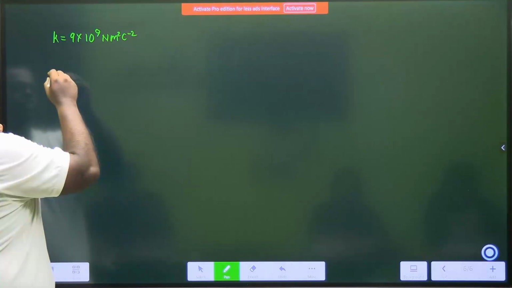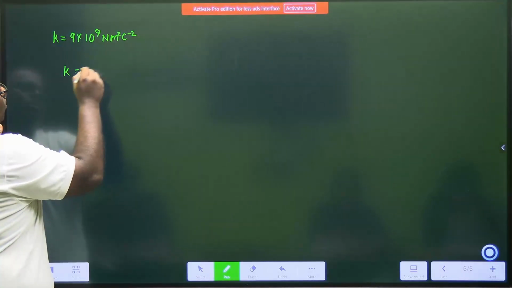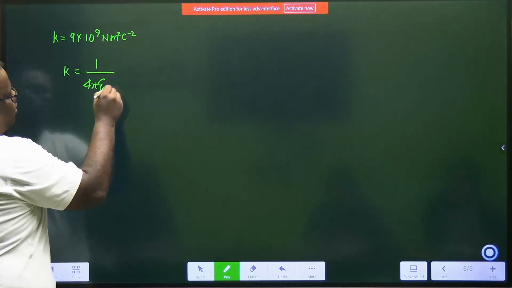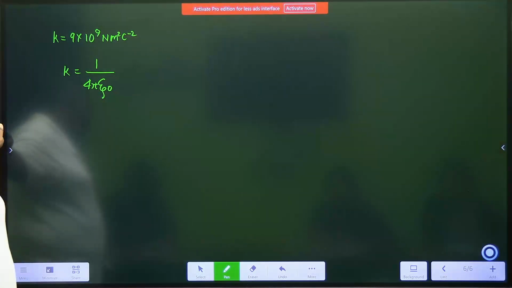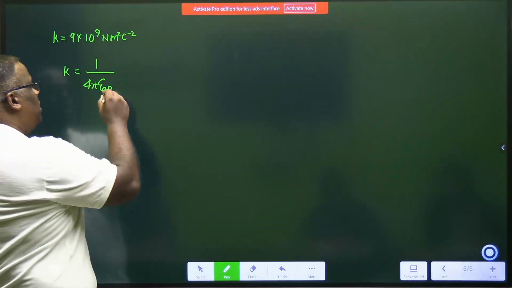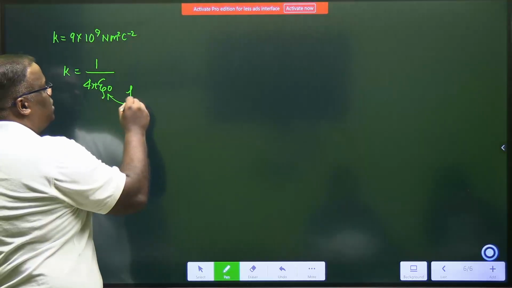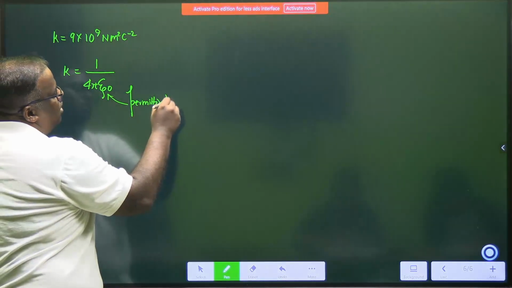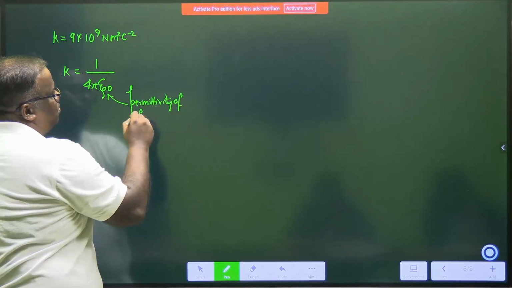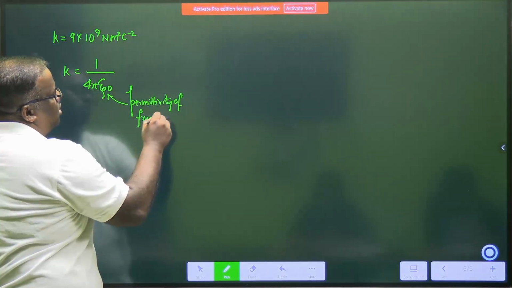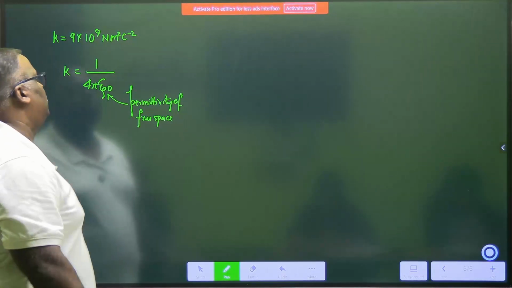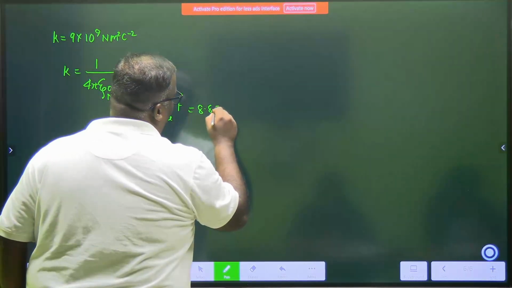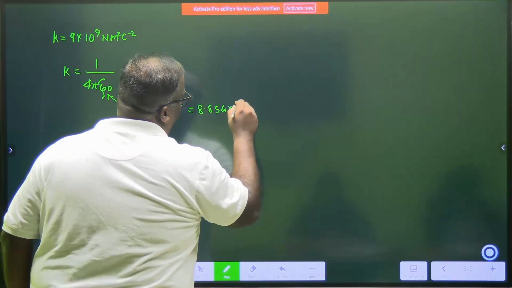The value of K is actually equal to a constant which is given by 1 by 4 pi epsilon naught, where epsilon naught is known as permittivity of free space, and it itself takes the value 8.854 into 10 to the power minus 12.